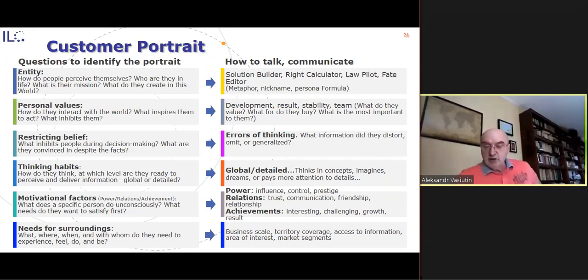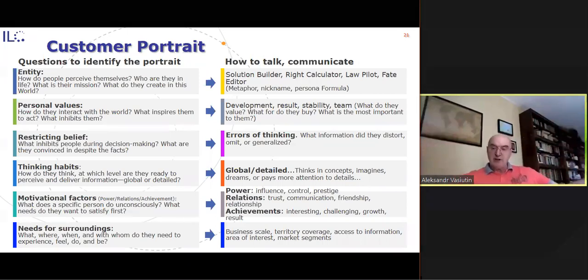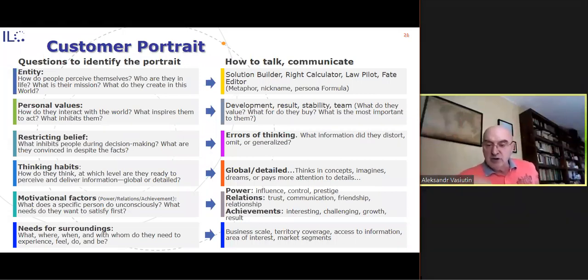Global and detailed. We've discussed it. There are those who think in concepts, in large pieces of information. What for? What is the purpose, the role of this legal policy? Whereas there are those saying, what does this include?